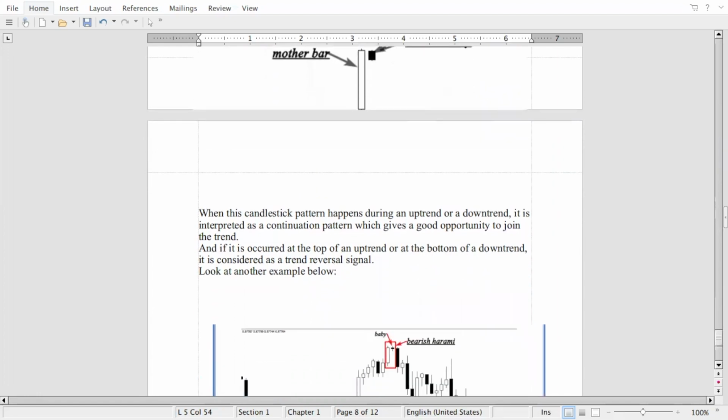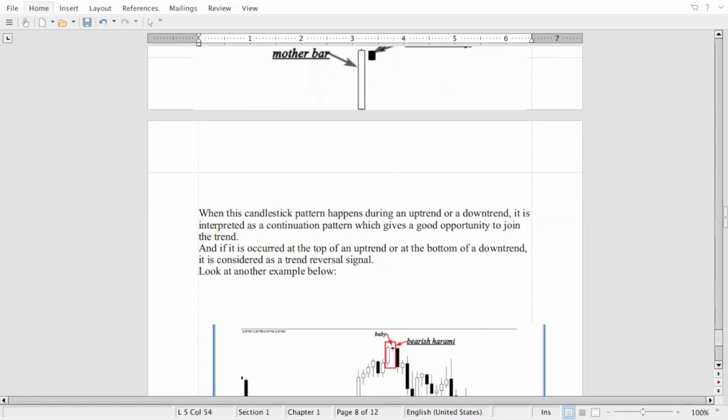When this candle pattern happens during an uptrend or downtrend, it's interpreted as a continuation pattern, which gives a good opportunity to join the trend. As I said, guys, when it forms in an uptrend, it can show a continuation, and when it shows a continuation, then you can jump in and take your trades going upwards.